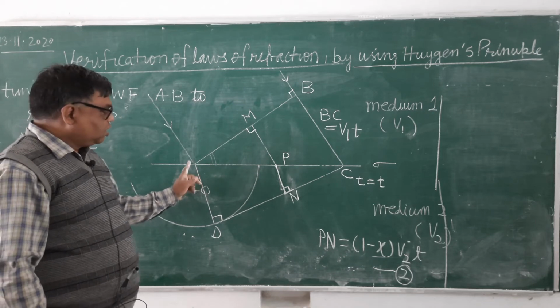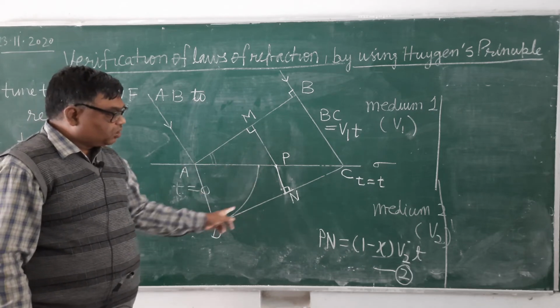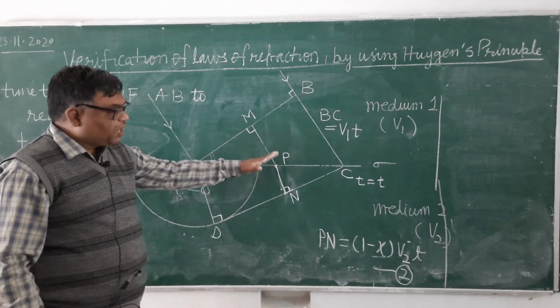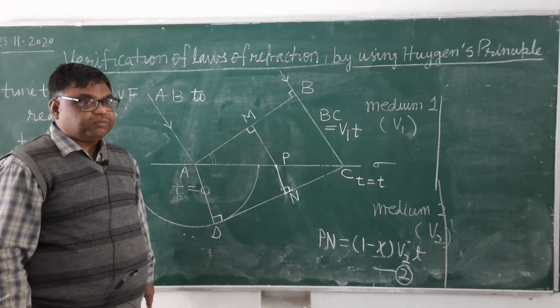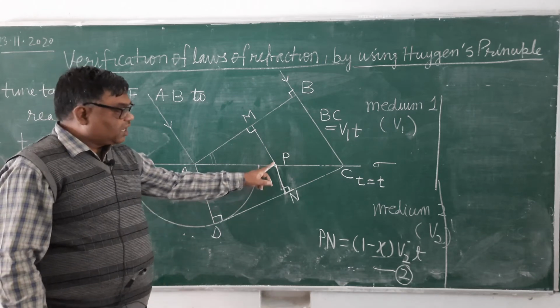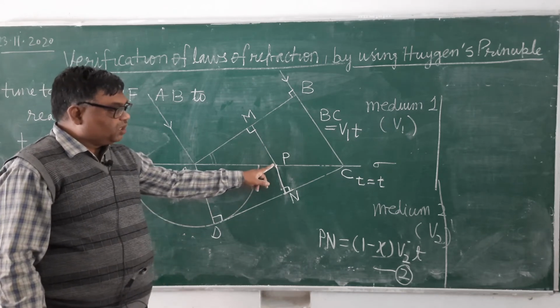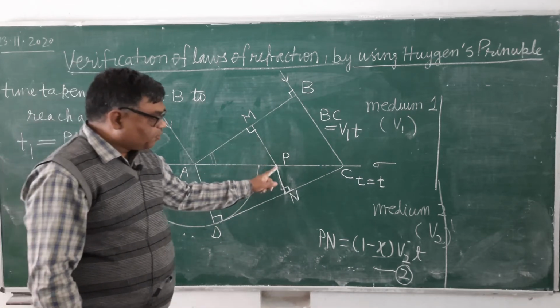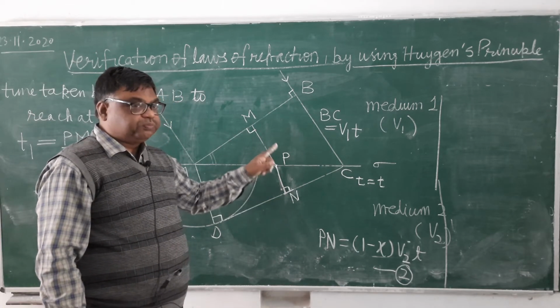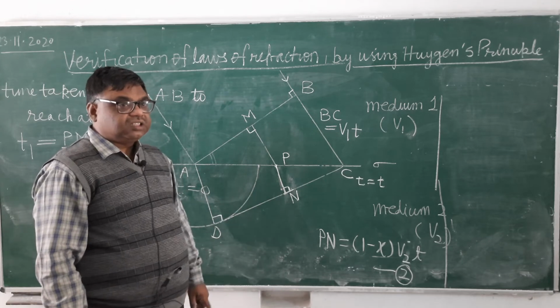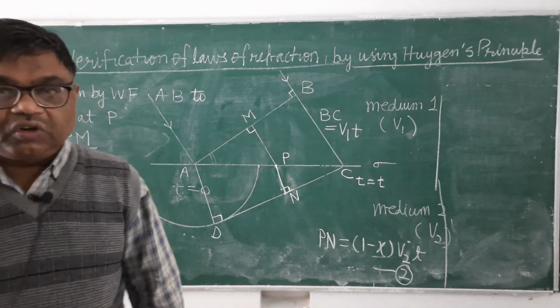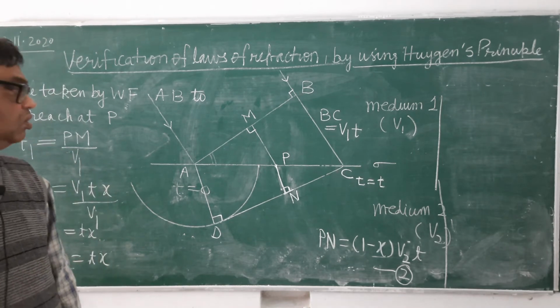After reaching here, we are observing the shape at time T. So Tx time has elapsed, and T minus Tx is left. In that time, secondary waves emitted from here will grow in a hemisphere of what radius? Here the speed is V2. The time left is T minus Tx. Therefore, V2 into T minus Tx. So you write down.